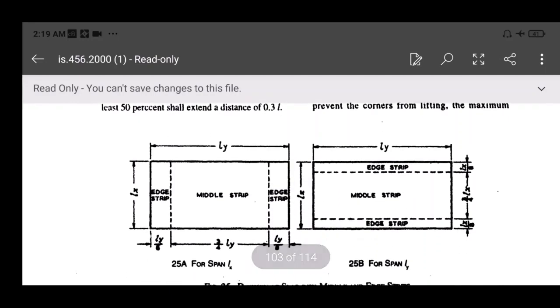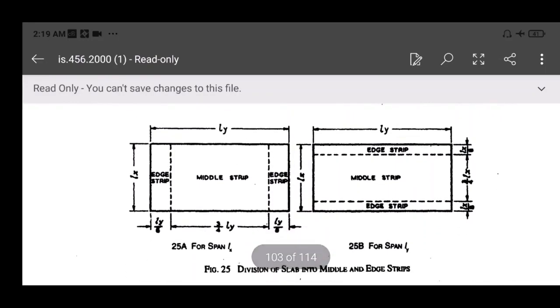Look, for span Lx, 3/4 of Ly is the middle strip and Ly by 8 per edge strip, and for span Ly, the middle strip is 3/4 of Lx and the edge strip is Lx by 8.